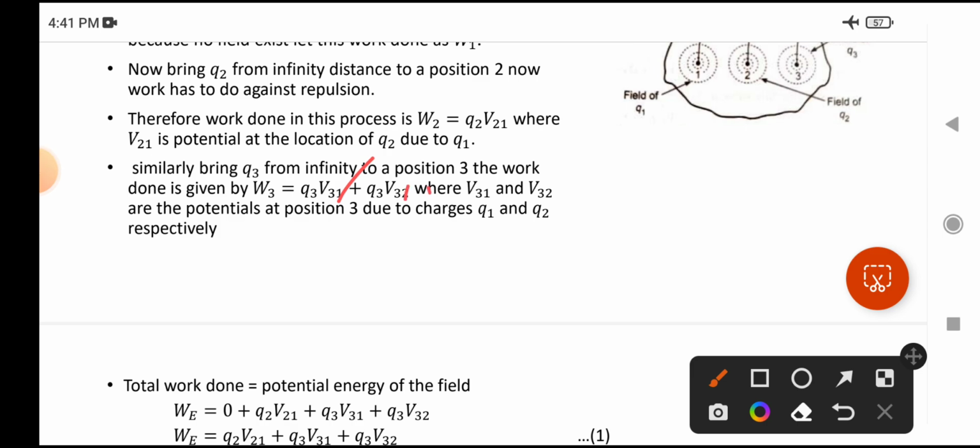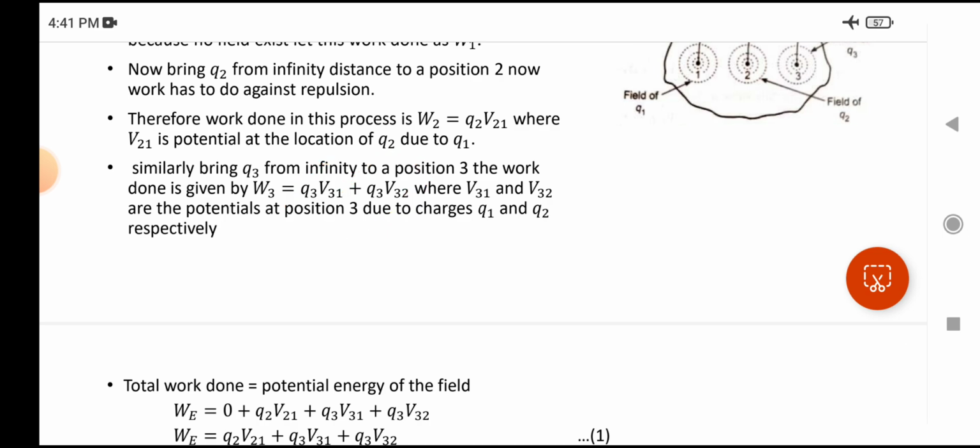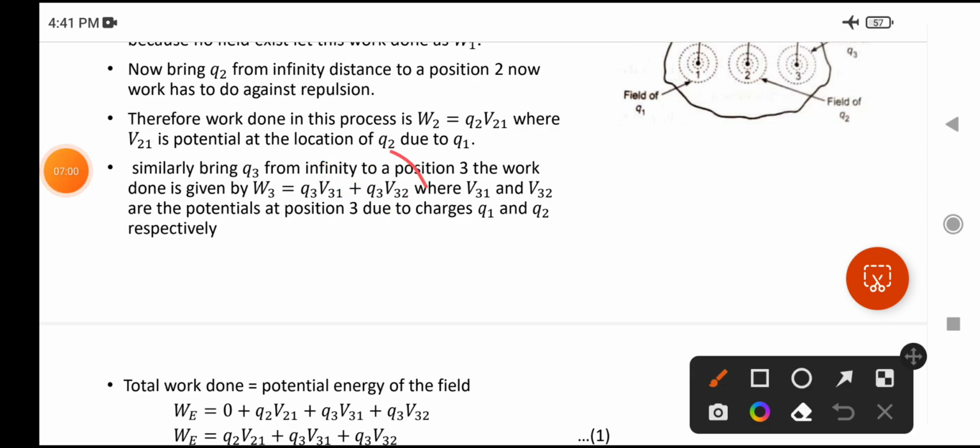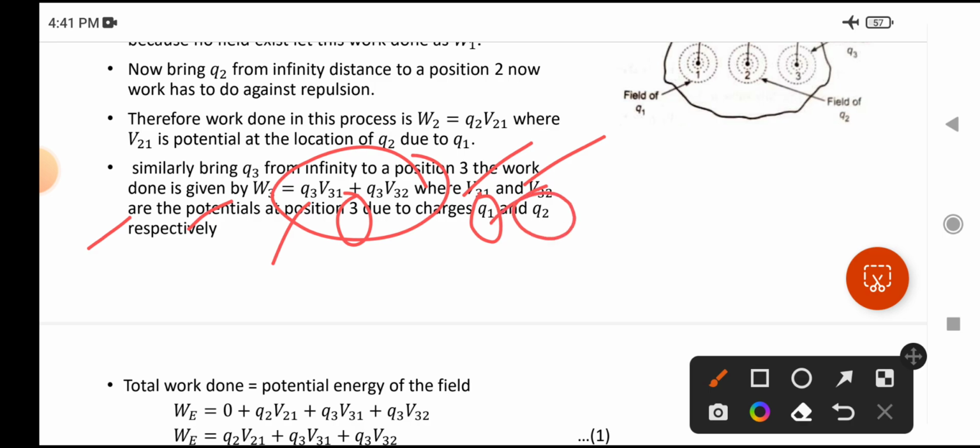So both charges can affect the third charge, right? Because of both charges, potentials are written here, where V31 and V32 are the potentials at position 3 due to charges Q1 and Q2.